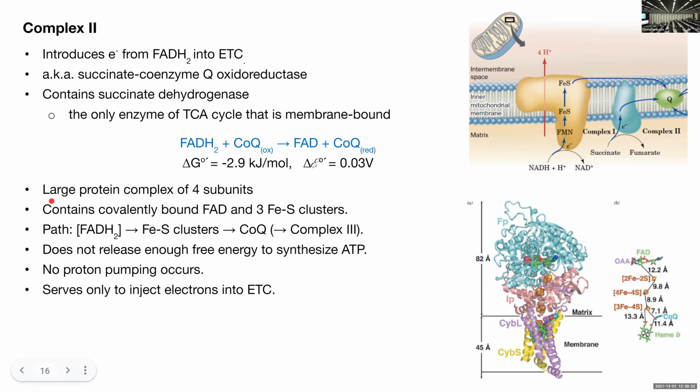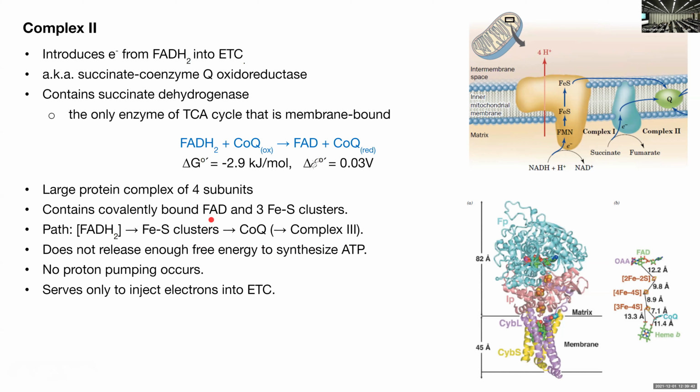And it also has a large protein complex with 4 subunits, as you can see here. 2 of them are responsible for anchoring into the inner membrane of mitochondria, and the rest of them are exposed to the matrix to interact with the succinate to get the electrons.